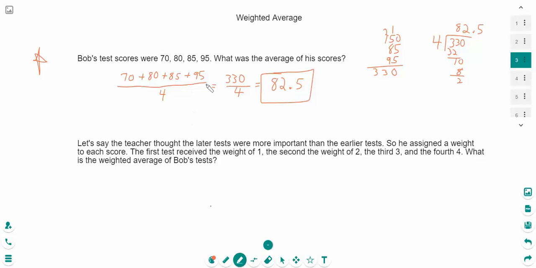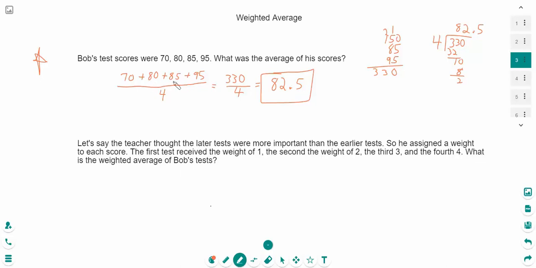Now, let's say the teacher thought that the later tests were more important than the earlier tests. So maybe the first test was on only 10 items, and maybe the second test was on those 10 items plus another fresh new set of items. So maybe it was on 20 items.